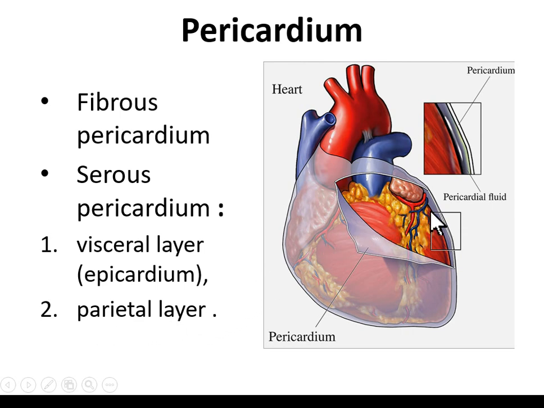The visceral layer covers the outer surface of the heart, and at the level of the veins continues into the parietal layer. The parietal layer lies on the inner surface of the fibrous pericardium, and between the visceral and parietal layers of the serous pericardium forms a closed pericardial cavity with pericardial fluid.